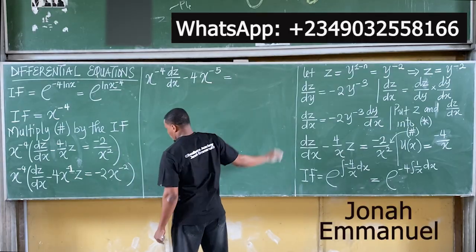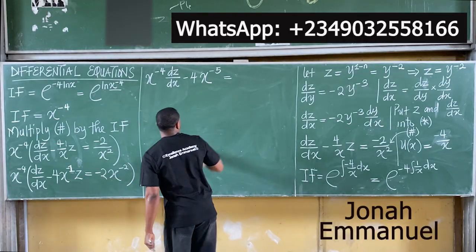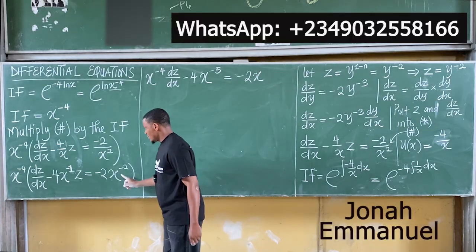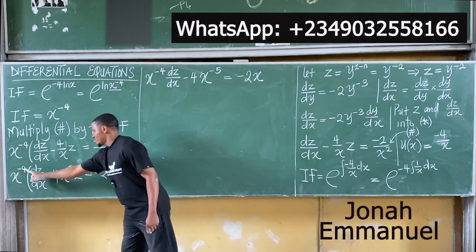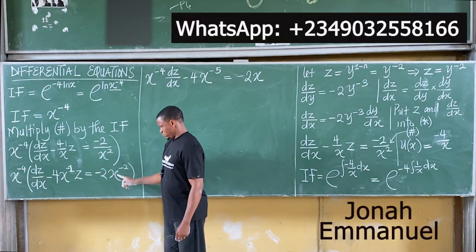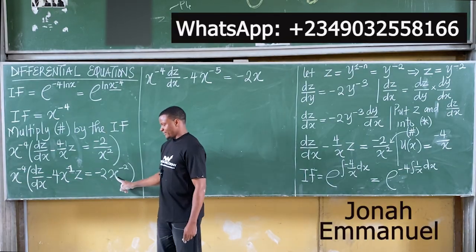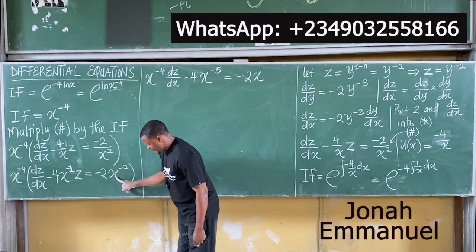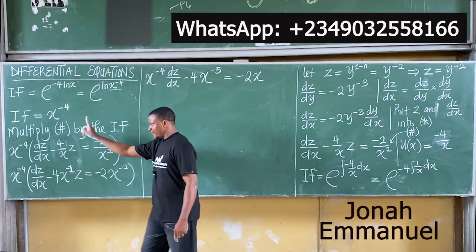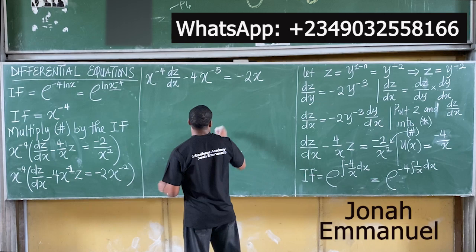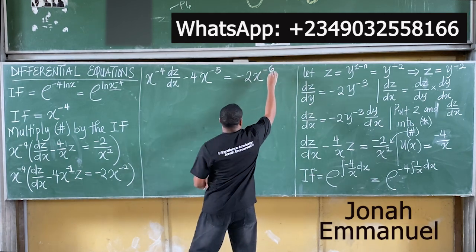It's equal to minus 2x times, simplify this one here. Multiply this, so it becomes minus 4 plus minus 2, which gives you minus 6. X power minus 6.